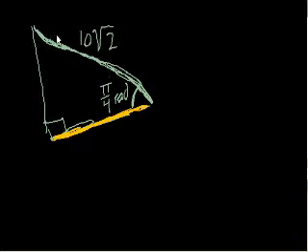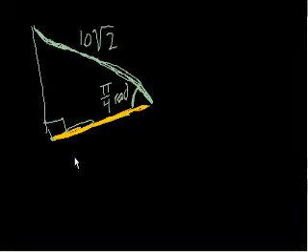Well, this is the hypotenuse. We already know that. This is the opposite side, and this yellow side is the adjacent side, right? It's just adjacent to this angle. So we know the angle, we know the hypotenuse, and we want to figure out the adjacent side.